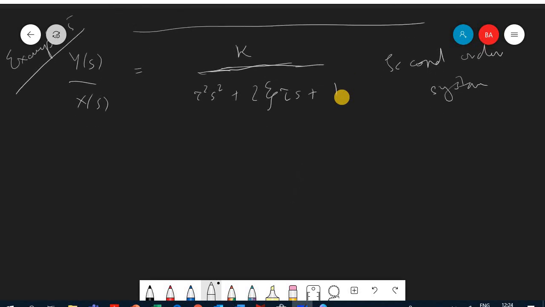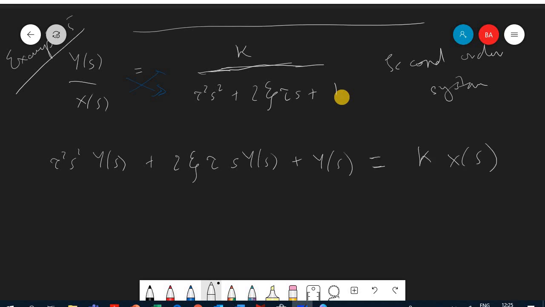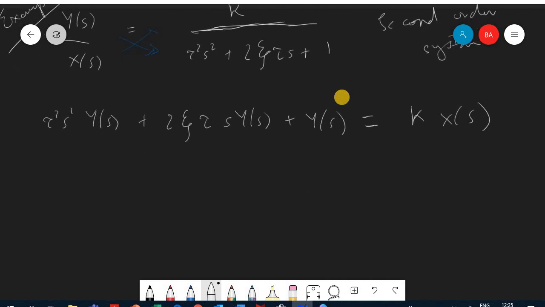And now if you cross multiply, we are going to get a system which looks like this: tau square s square Y of s plus 2 xi tau s Y of s plus Y of s is equal to K X of s. And this looks very similar to the example that we have taken. Why?